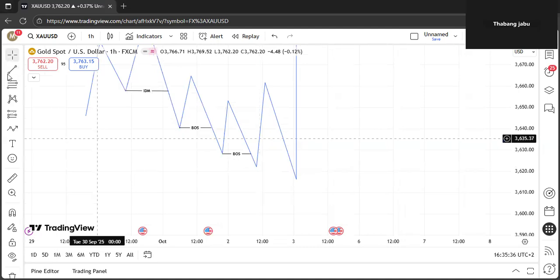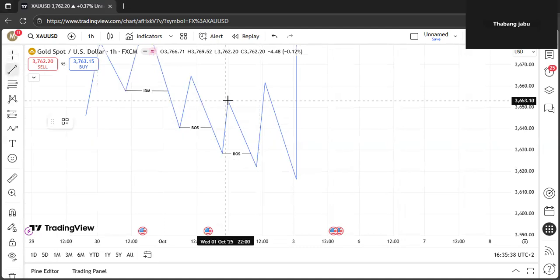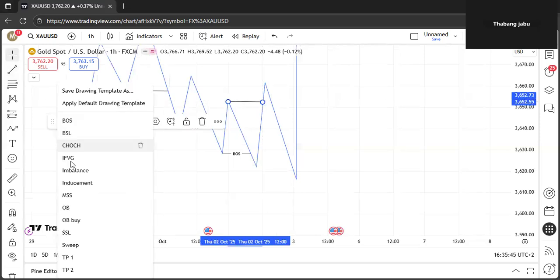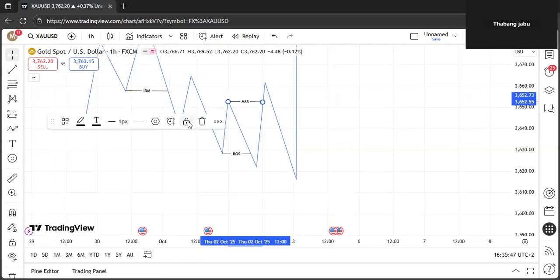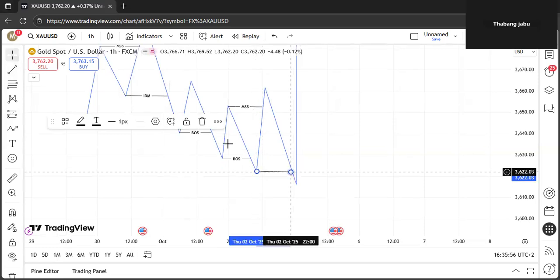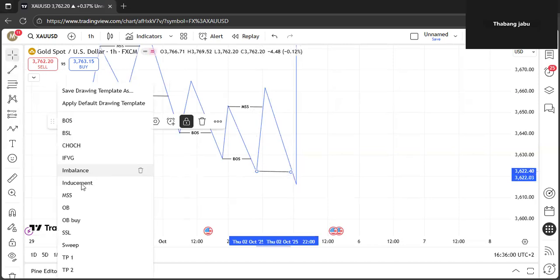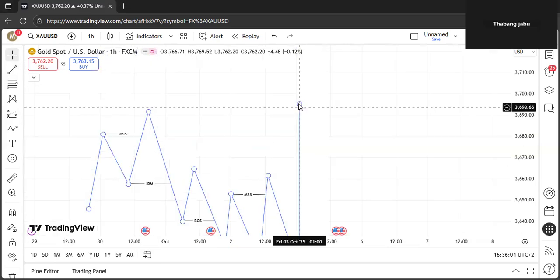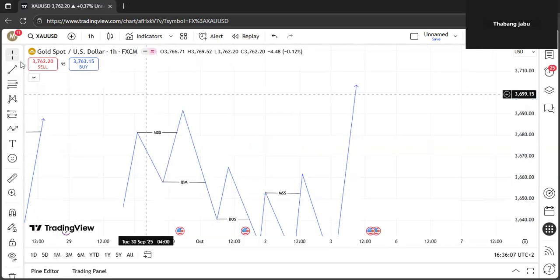And then here we have our change of character. Let's mark our change of character. This is our change of character. And then we have another low after our change of character, which is our endorsement again. And then that's when it finally decides to go up.